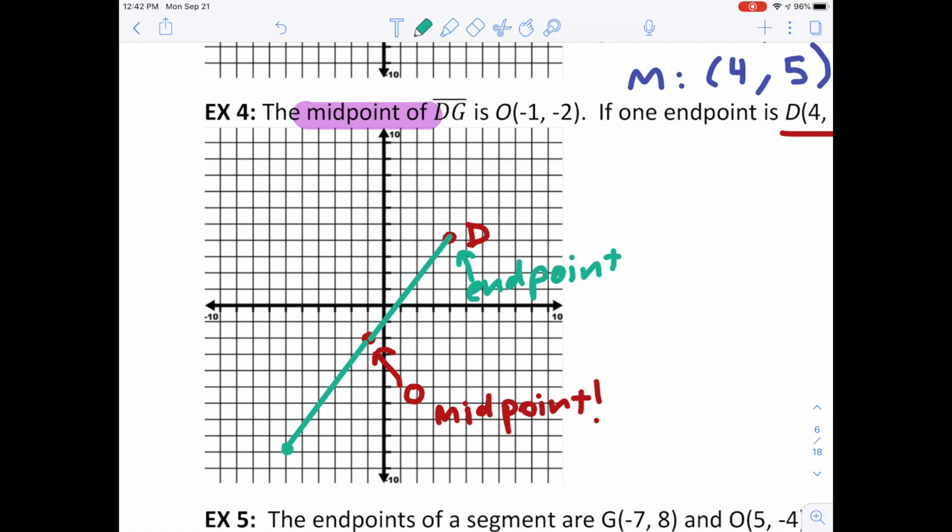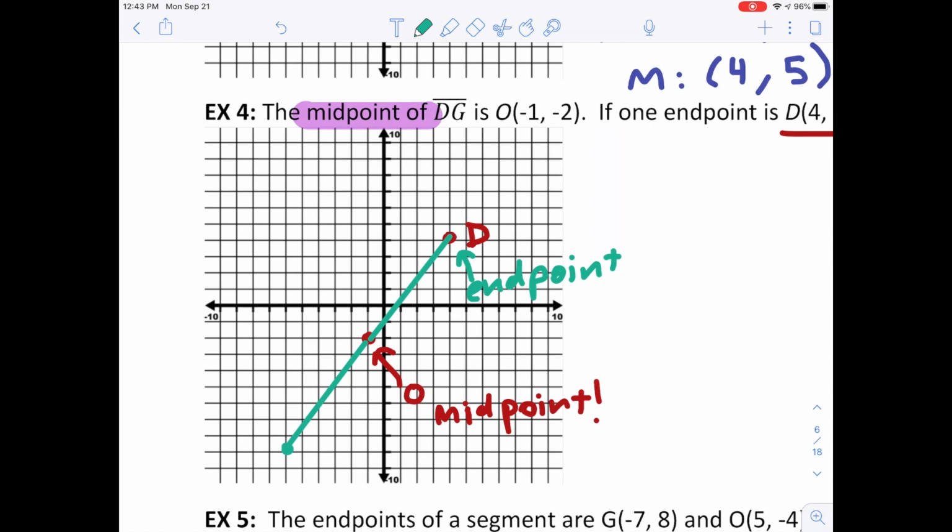All I did was figure out how I got from the midpoint to the endpoint, and then I went in the exact opposite direction and counted the squares to know how far to go. So that is my suggestion on how to do those types of problems: instead of going up and to the right that distance, I'm going to go down and to the left that distance. It's also pretty similar to how we do slope.